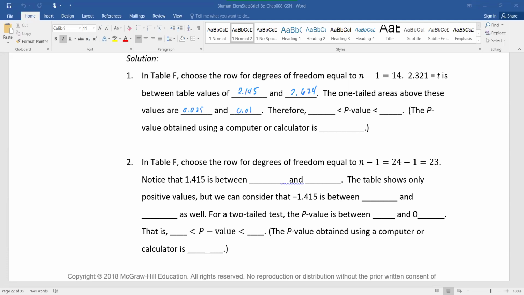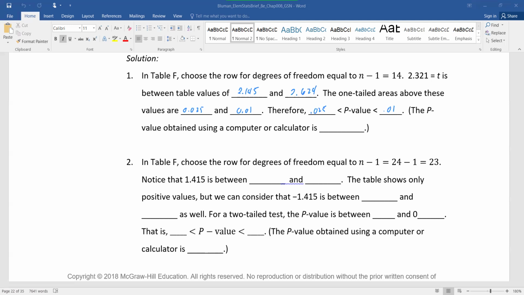Right? And then these are the one-tailed areas above. Therefore, the p-value that we would calculate has to be between 0.025 and 0.01. So the p-value obtained using a computer calculator is what? So let's calculate that.